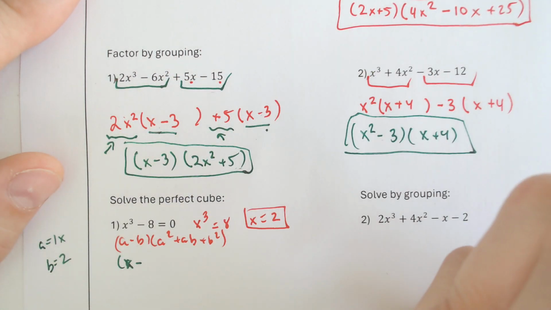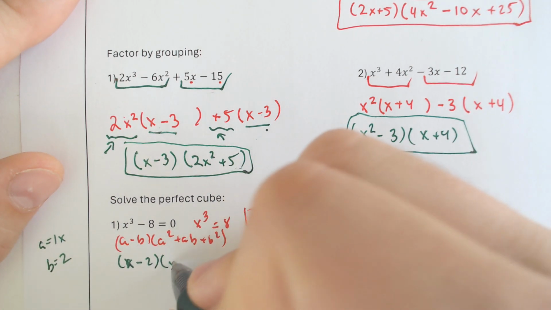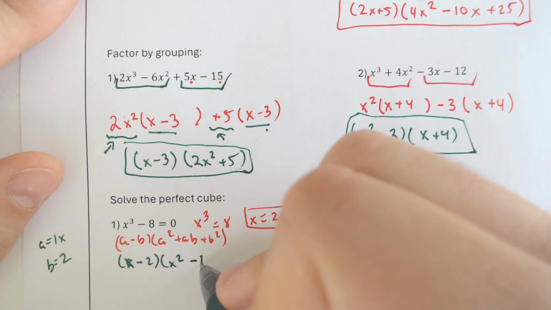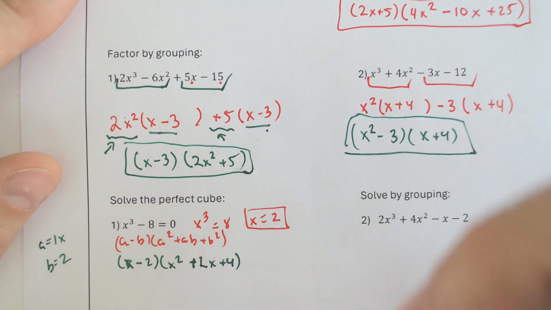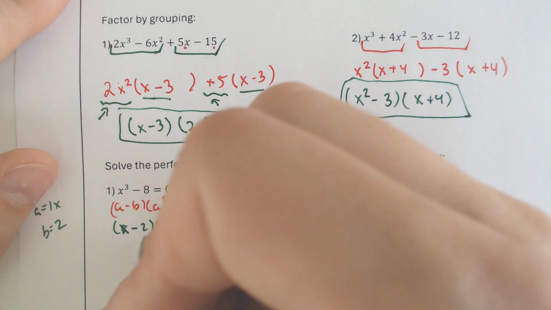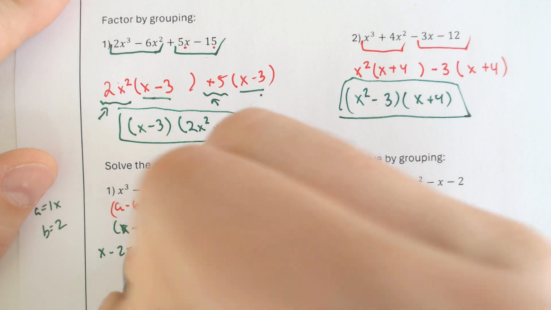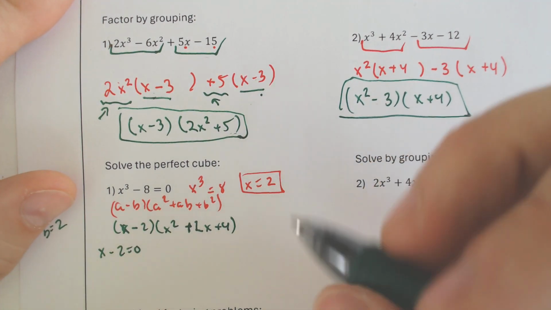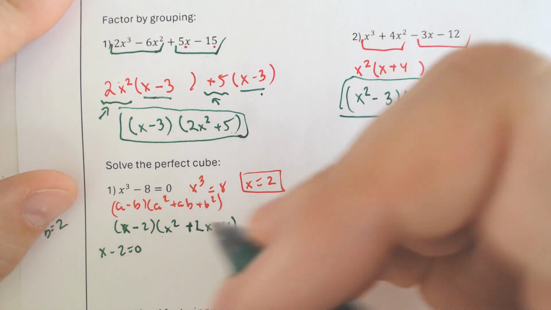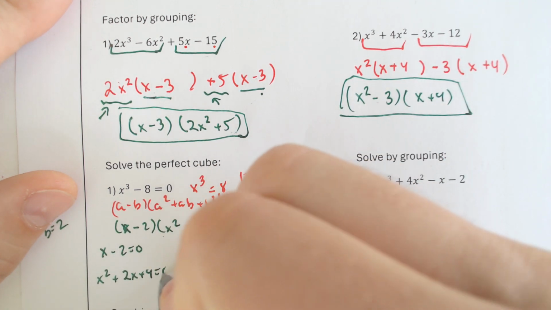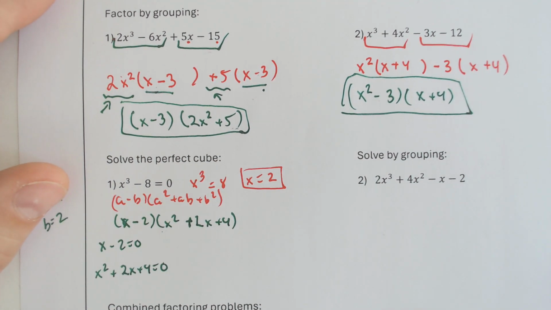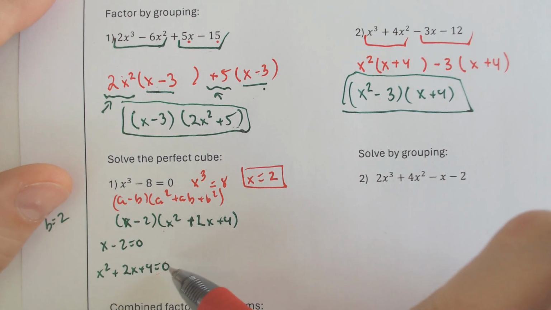It'd be 1x, excuse me. X minus 2, x squared plus 2x plus 4. Okay? So this explains why we have one answer is equal to 2, because the x minus 2 would equal 0, but we also have x squared plus 2x plus 4 is equal to 0, which does not factor.